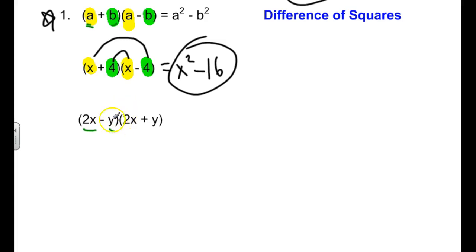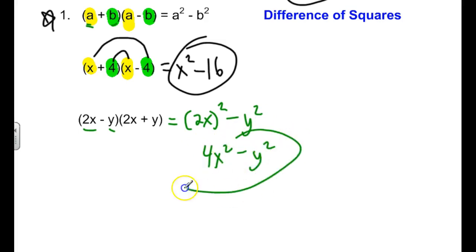Notice it's not negative y, it's just y. One of those is plus, one of those is minus. So A squared would be 2x, the quantity squared, minus B squared, which is y squared. This would be 4x squared minus y squared. You got it.